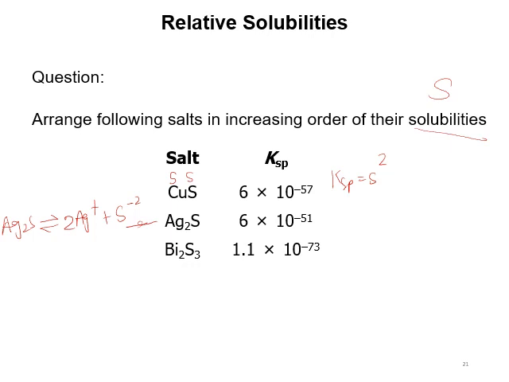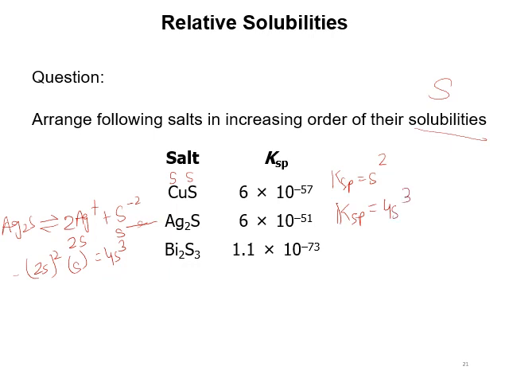Meaning I will skip the I and C part of the ICE table and just go straight to the E. This is going to be 2S, this is going to be S. Ksp here is going to be 2S squared. Remember, it's going to be silver squared times sulfide, which is S. So it's going to be 4S cubed. So in this case, Ksp is 4S cubed.